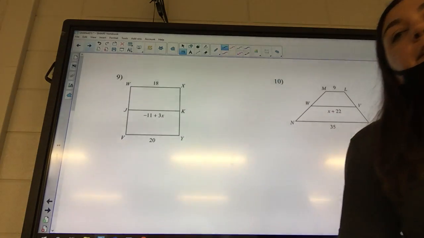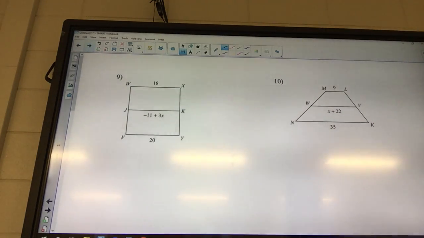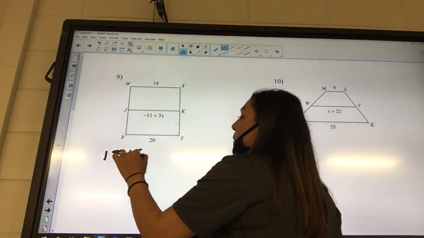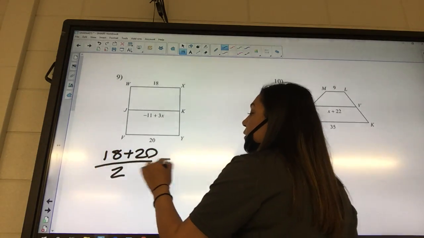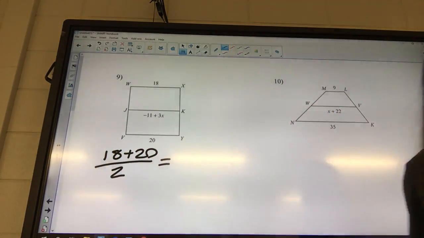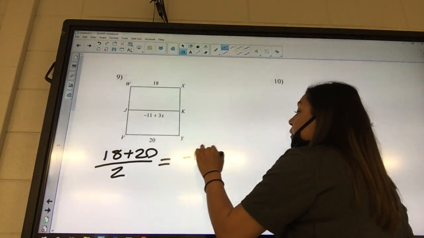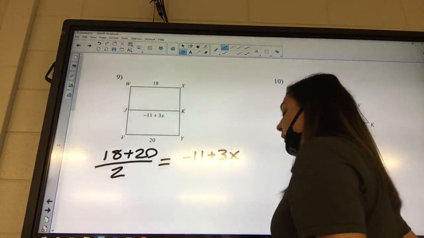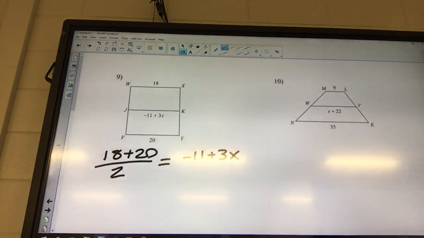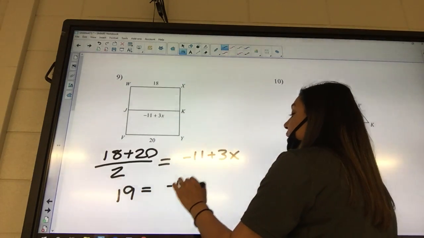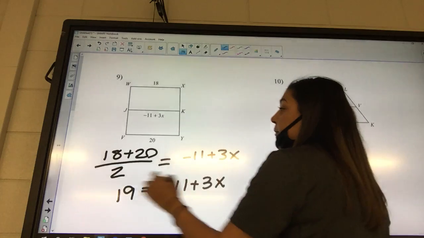Okay, look at number 9. I got 18 for my top plus my bottom, which is 20, divided by 2. So top plus bottom divided by 2 equals the middle, and my middle is negative 11 plus 3x. On the left side, 18 plus 20 divided by 2 is 19. So 19 equals negative 11 plus 3x.